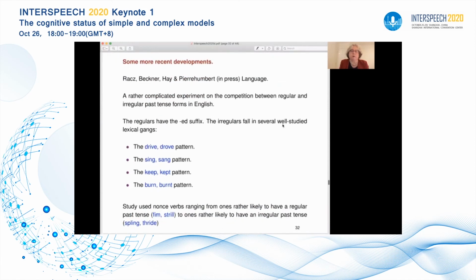Now here are some more recent developments. So one is a rather complicated experiment on the competition between regular and irregular past tense forms in English. So the regulars have the ed suffix, and the irregulars fall in several well-studied lexical gangs. And the study used nonce verbs ranging from ones which are rather likely to have a regular past tense to ones rather likely to have an irregular past tense.